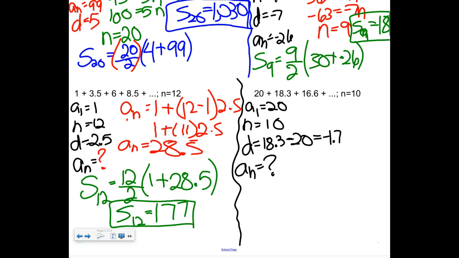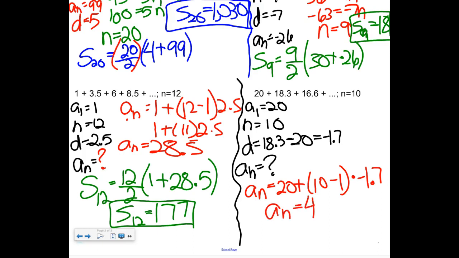So we're going to say, I'm going to write it down here, An, our A1, plus our n minus 1 times our d. And notice there's that negative there. Again, you can just plug the whole thing into your calculator. If you want to simplify the 10 minus 1 to a 9, you could. And what I am getting here is 4.7.